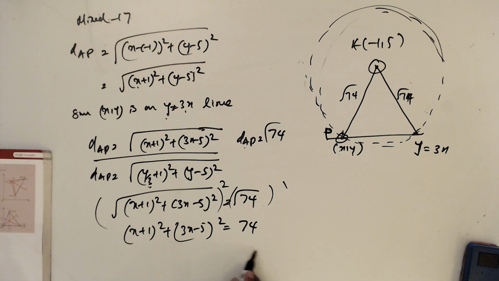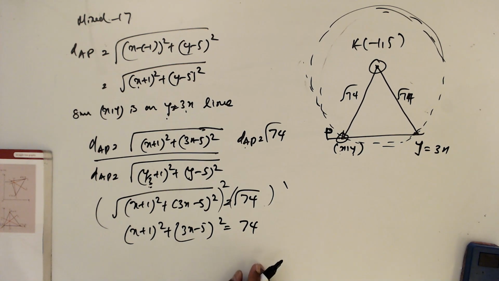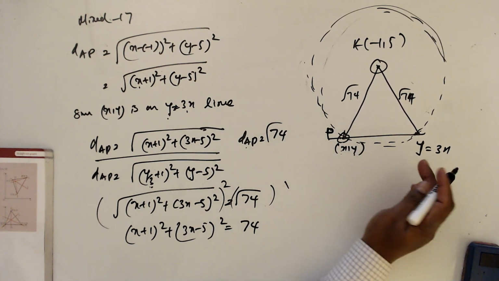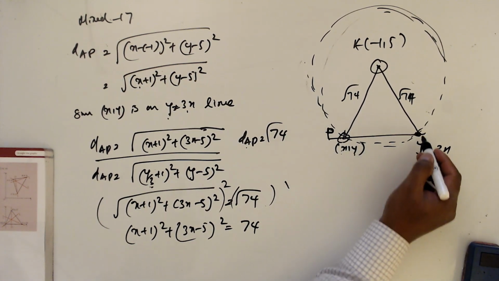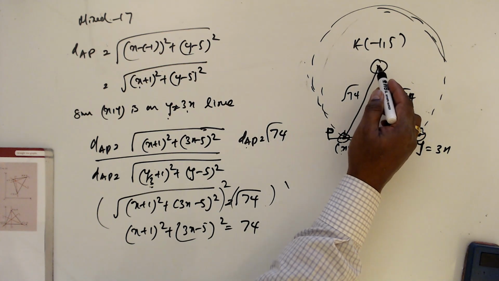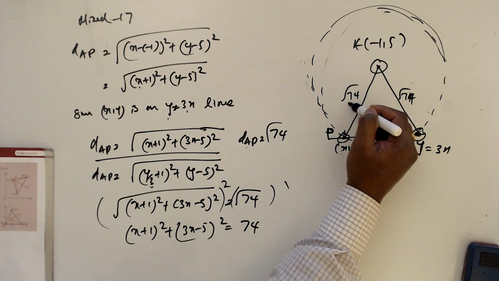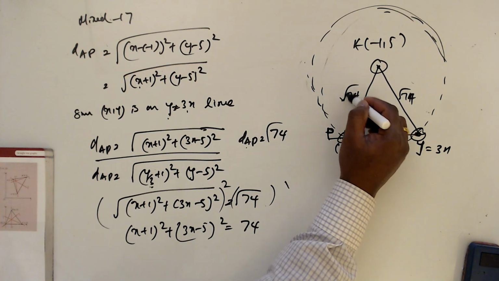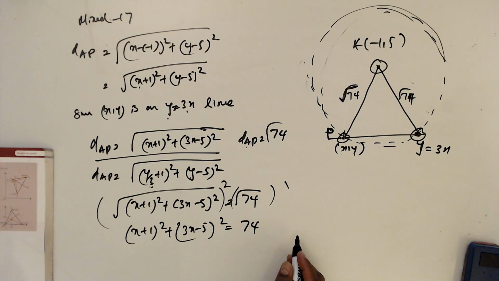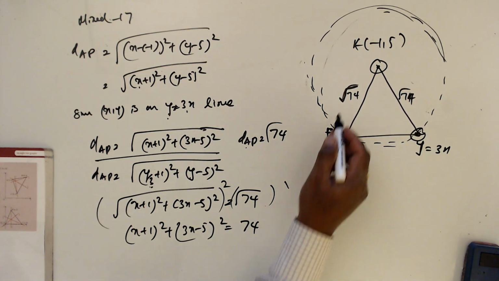Now I have to solve this quadratic equation. Then I get two x values, then two y values. So those are the points that are the same distance, square root 74, from minus 1, 5. Two points lie away from minus 1, 5 at a distance of square root 74.